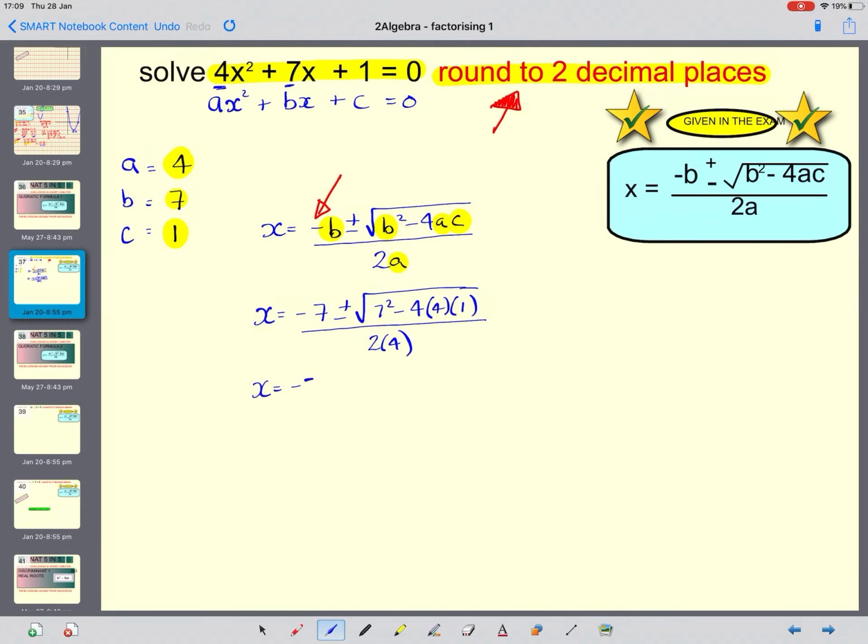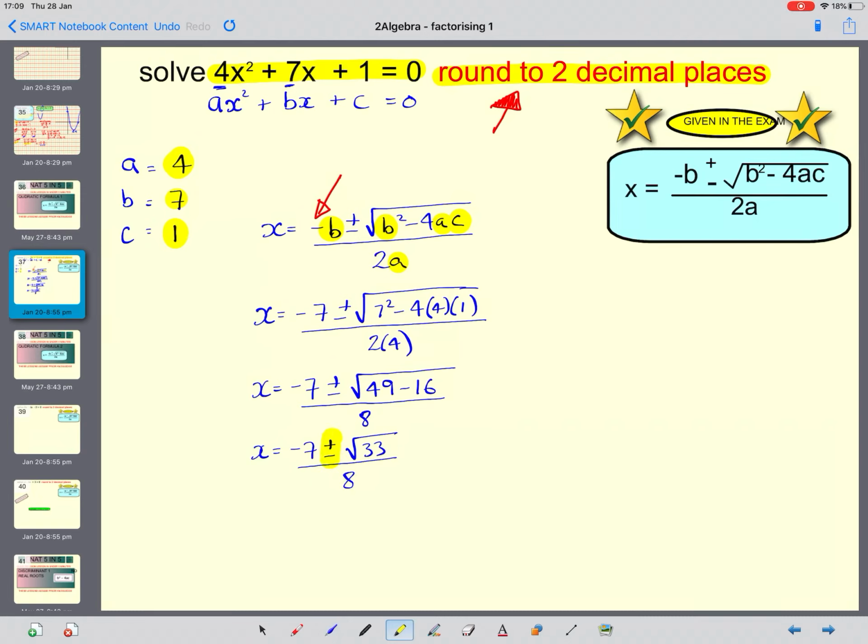So x equals negative 7 plus or minus 7 squared is 49, and then negative 4 times 1 times 4 is negative 16, all over 2 multiplied by 4, which is 8. Keep going. Negative 7 plus or minus the square root of 33, all over 8.